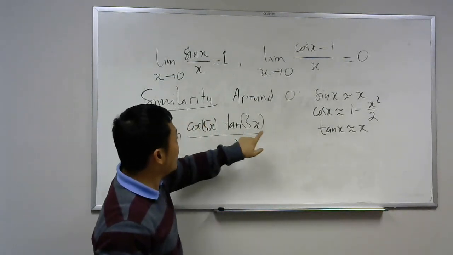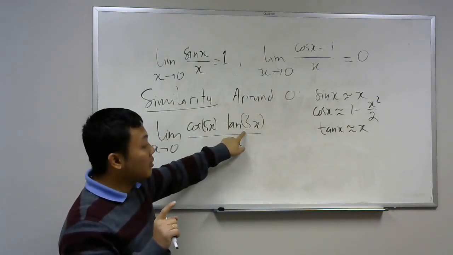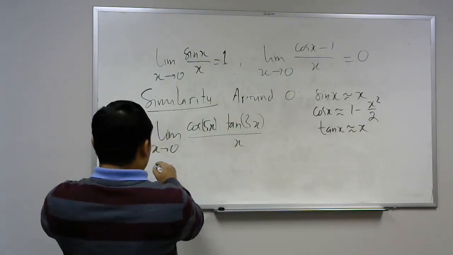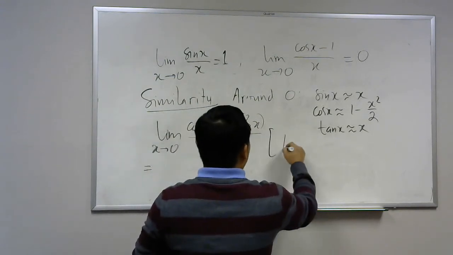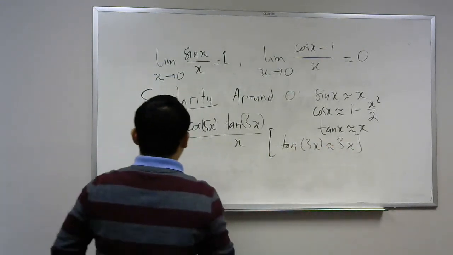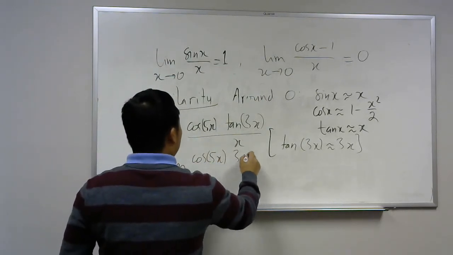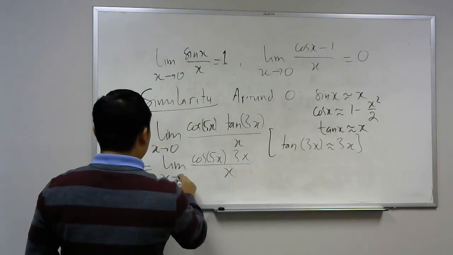Tangent x is similar to x, so this tangent 3x at 0 is similar to 3x, right? So this limit, I write here, tangent of 3x is similar to 3x. So this is limit of cosine of 5x, 3x over x when x goes to 0.